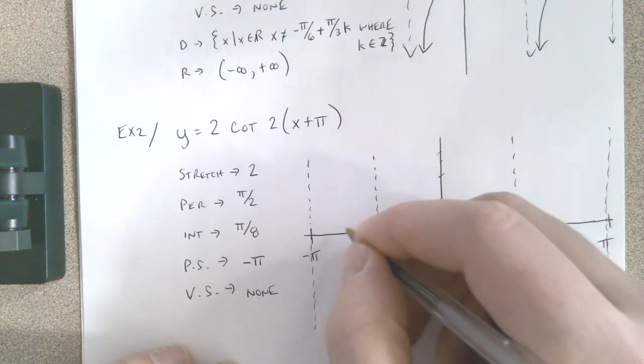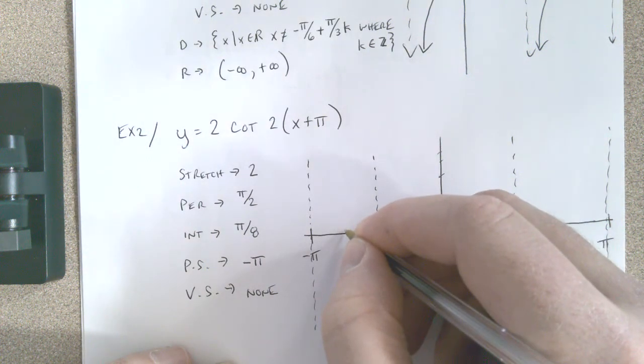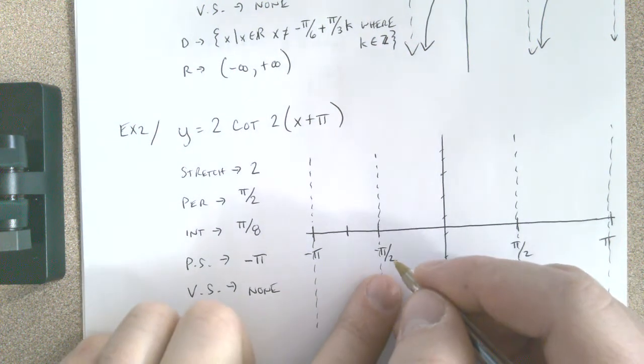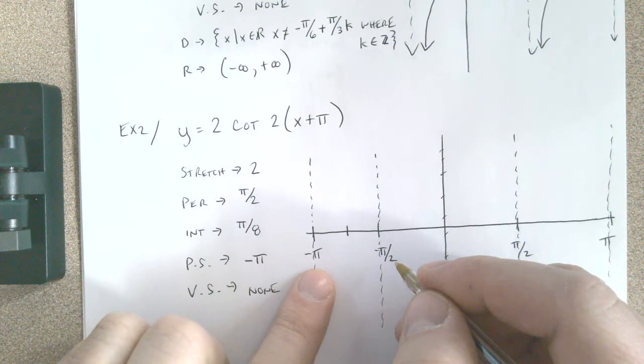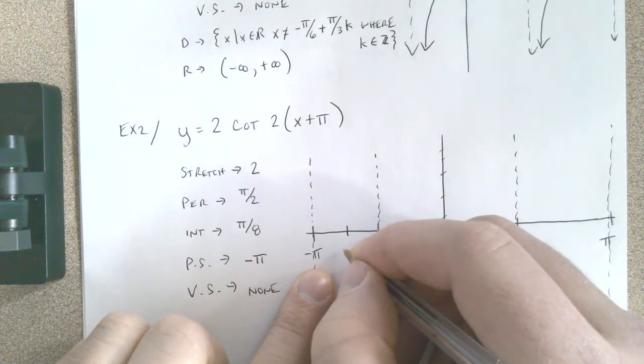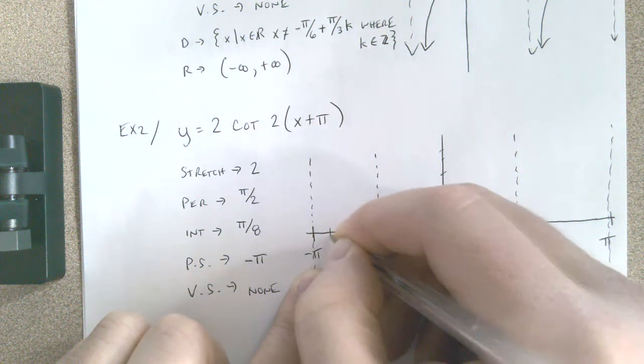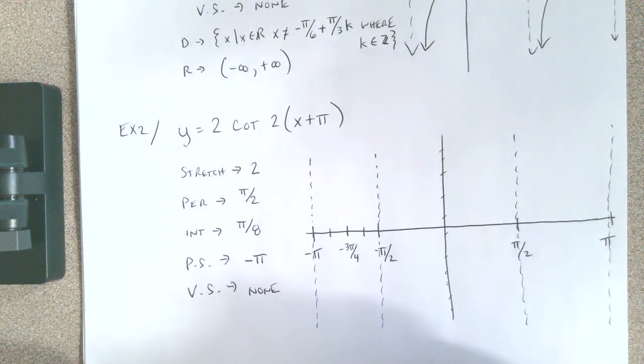Again, if I split this, we know that the interval is pi eighths. So this would be halfway between negative pi halves and pi, which would be negative 3 pi fourths. And then there would be our interval there.